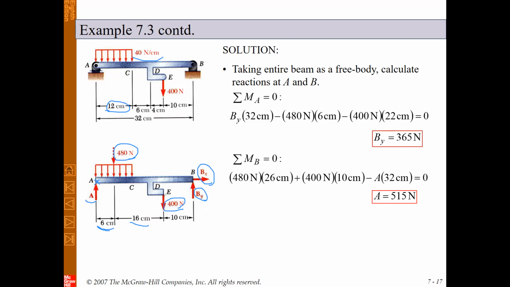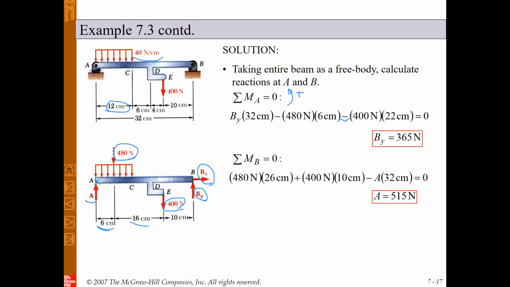So if you substitute and simplify and consider a positive direction for the moment, for example, assume that the counterclockwise direction is positive, the moment due to By about point A, according to this direction, is positive because it's counterclockwise. The moment due to 400 Newton is clockwise, and it will be negative.